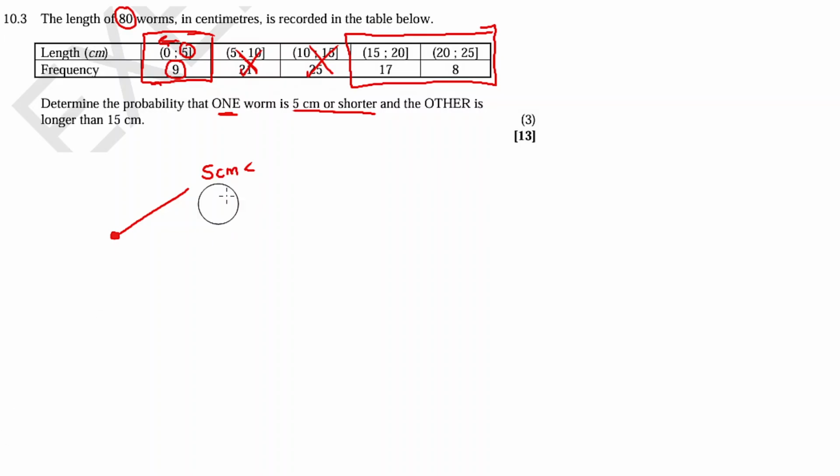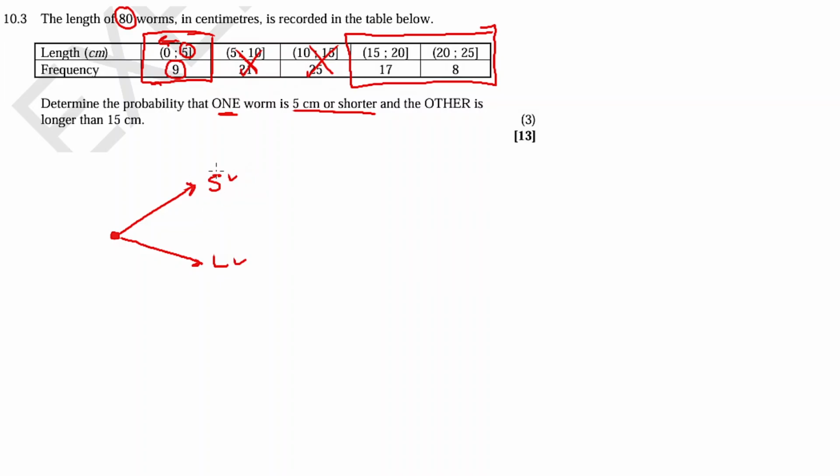Is there a better symbol to use? What is the probability of choosing one that is 5 centimeters or shorter and the other is longer than 15? Let's remove the numbers. I think I have a better idea. Let's just use S and L. Shorter, long.